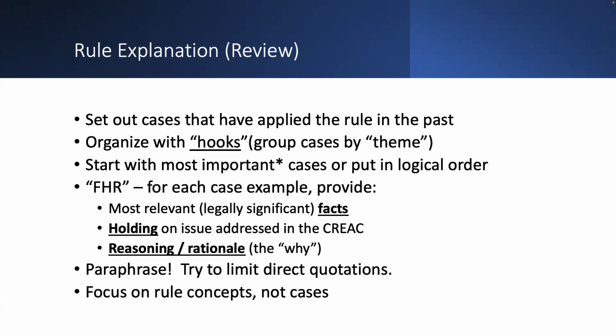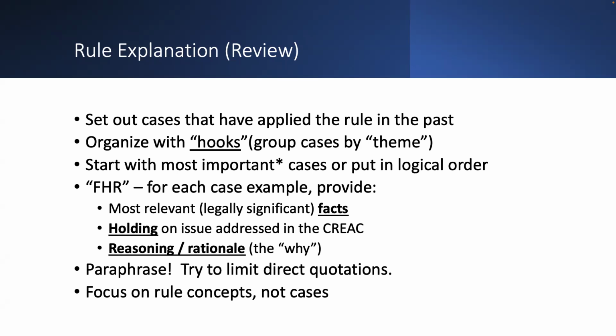So you supply the most legally significant facts, and it's the facts that are relevant to the insular issue of the rule that you are trying to explain in that hook. You provide all of the facts that's needed for the reader to then be able to understand the court's holding on that insular issue. And after the court's holding, you then provide the rationale.